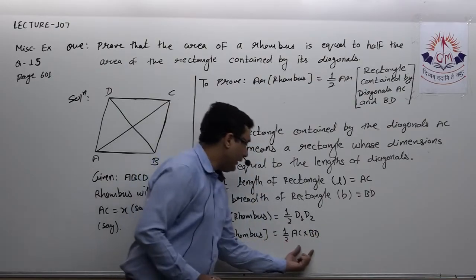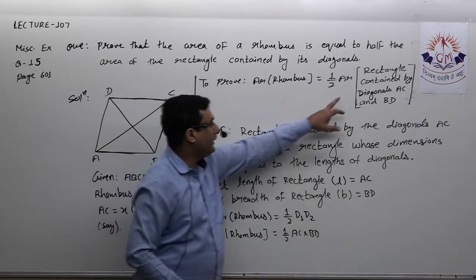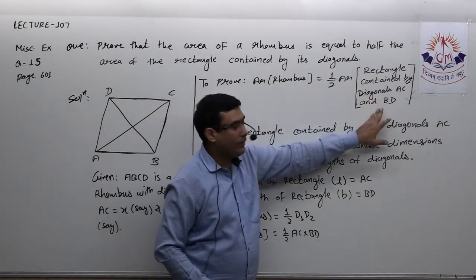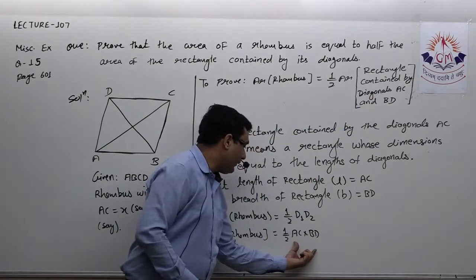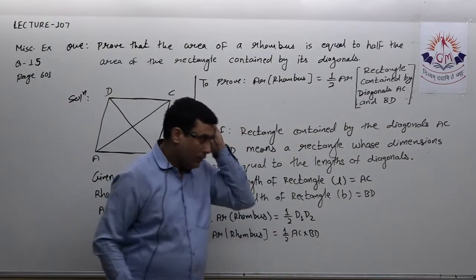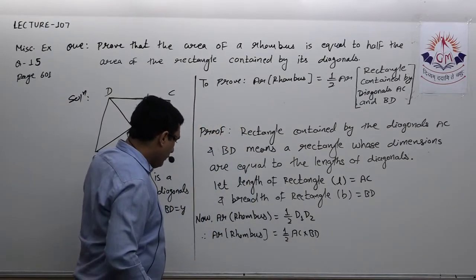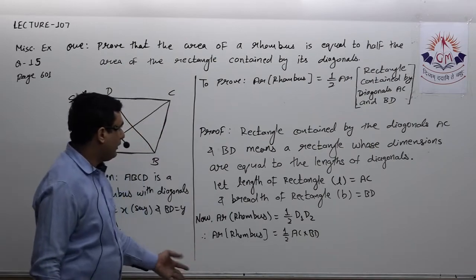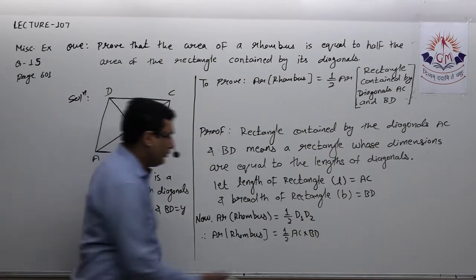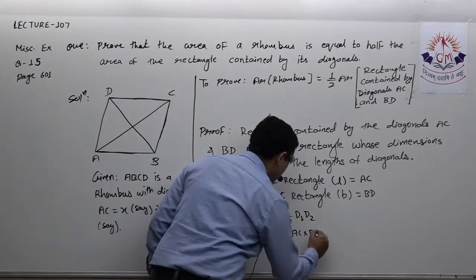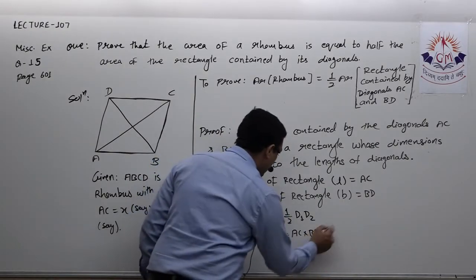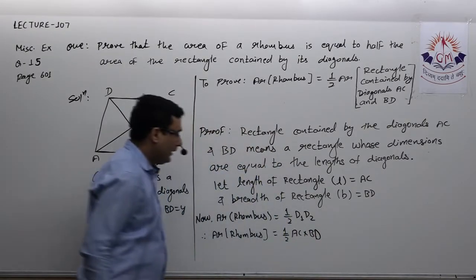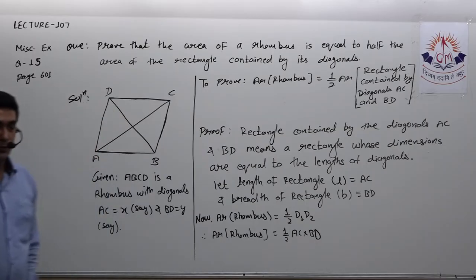Okay, and in place of AC into BD, I simply write rectangle contained by diagonals AC and BD, because area of rectangle is length into breadth. So it is almost done, but first of all note it down. Only 2 lines I have to write more, but first note it down up to this point. Then I will explain this once again, and I will give you the remaining solution as well.